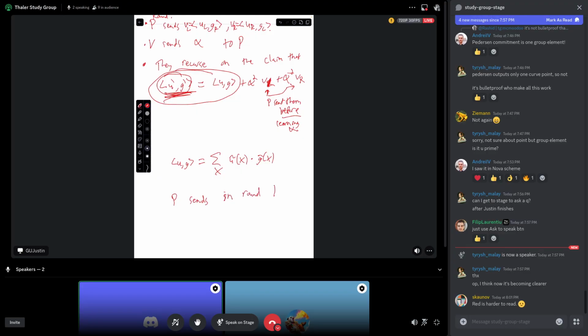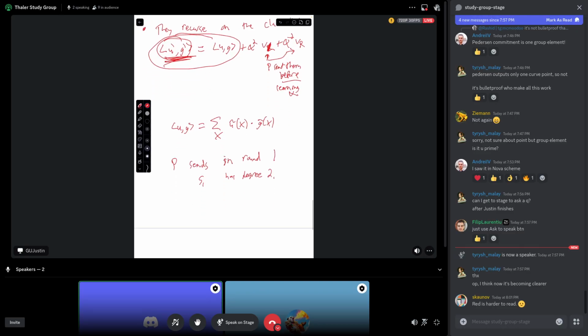So in round one, it sends a univariate polynomial S1, which has degree 2. Typically a degree 2 polynomial has 3 coefficients, but it turns out in the sum check protocol you only need to send 2.